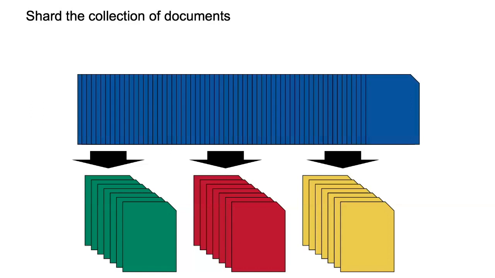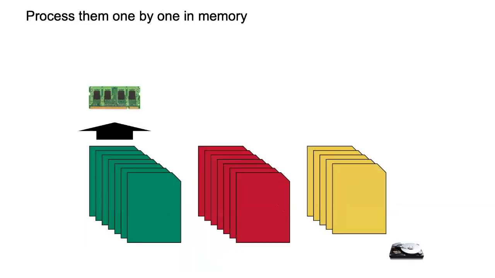And what happens next is that we process 1 shard at a time. Again, that's the idea of batch processing, right? We do it 1 of these partitions at a time. So now, with a single shard, if we smartly pick the size of a shard so that it fits in memory, we can process that shard as if it were the entire collection. We just process it in memory.